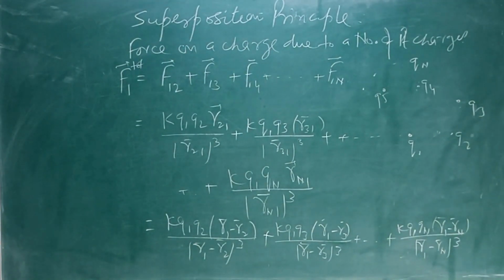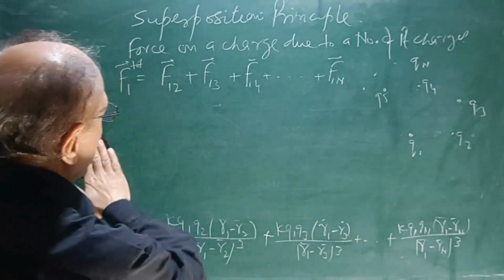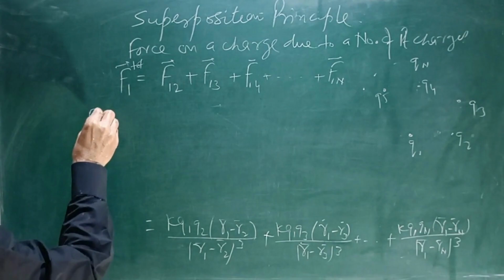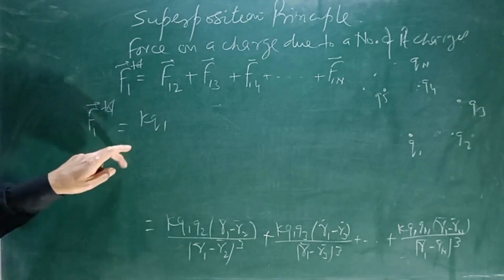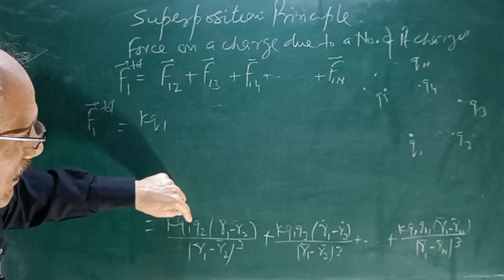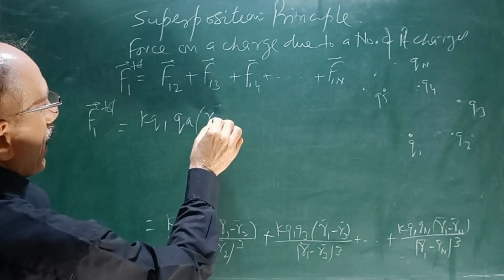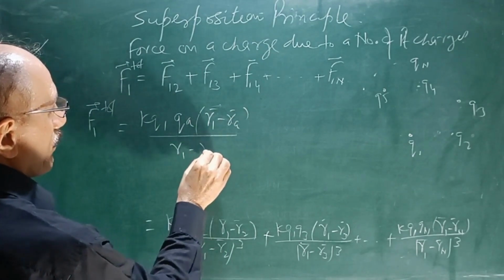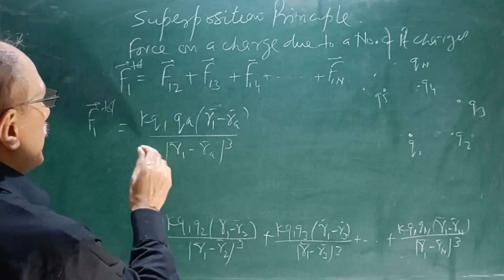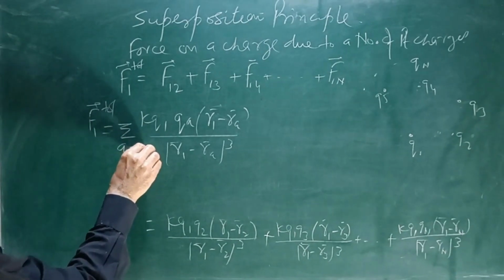Now we can write it in summation form, no need to write each and every term. F1 total will be equal to K Q1 common, Q_A, R1 minus R_A upon modulus of R1 minus R_A cubed, and here we write the summation with A equal to 2 to n.